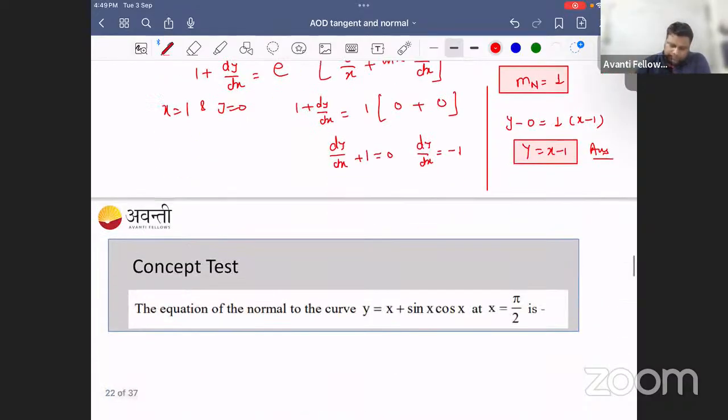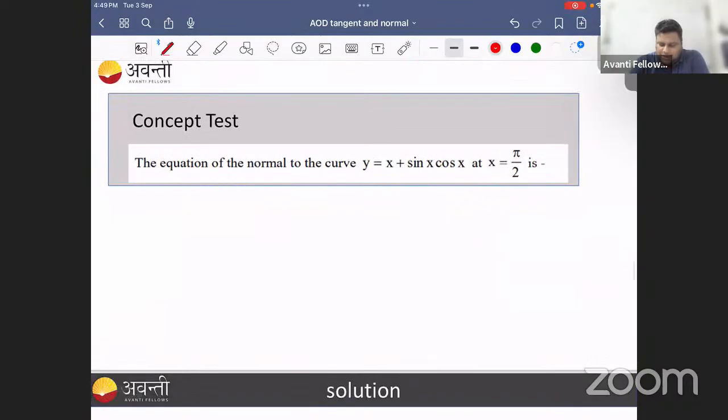Well, now, find the equation of normal to the curve y equals x sin x cos x at x equals pi by 2. Quickly do. You got 1 minute.